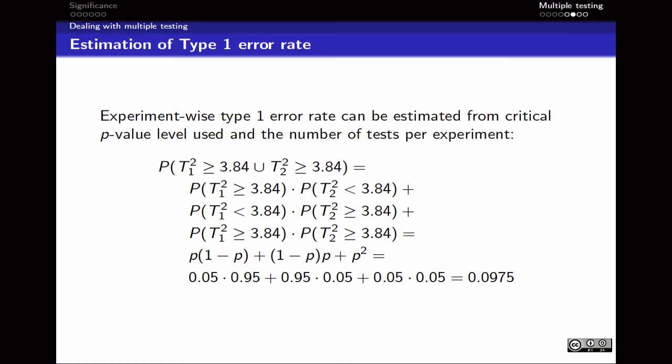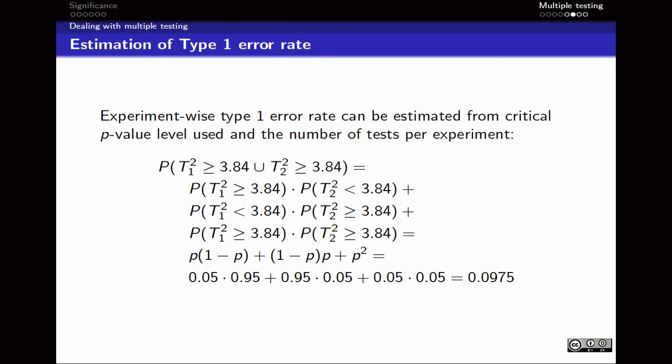So what's the probability of such an event? If we assume that the 2 tests are independent, this is rather easy to compute. It would be the probability that the event happens in test 1 but doesn't happen in test 2, plus the probability that the event does not happen in test 1 but happens in test 2, plus the probability that the event happens in both tests.